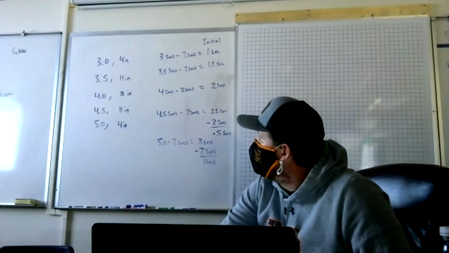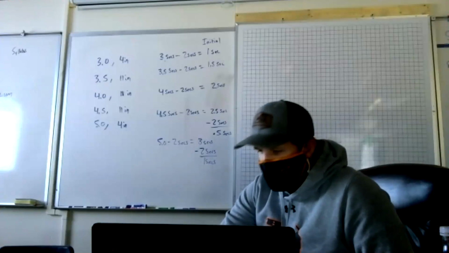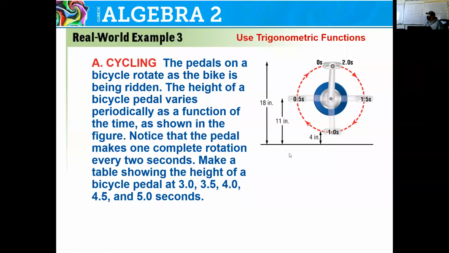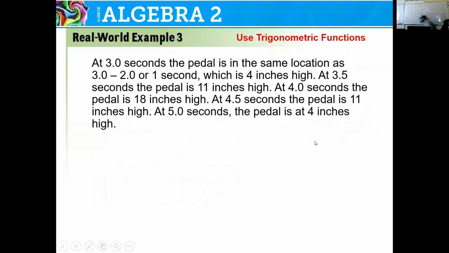So the table on the left will turn out to be the answer for our information. At 3.0 seconds, the pedal is in the same location as at 1 second, which is 4 inches high. At 3.5 seconds, the pedal is 11 inches high, the same as at 1.5 seconds.